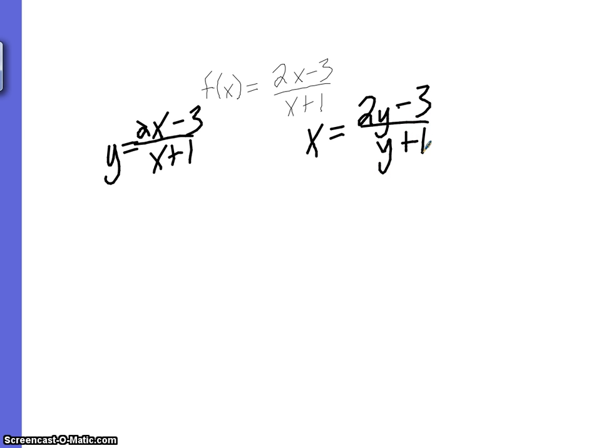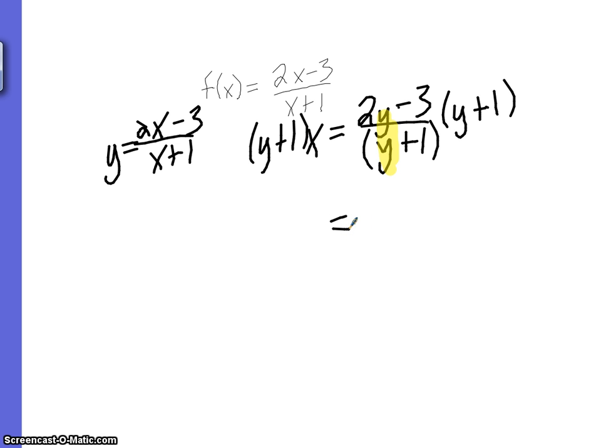This is no good because now we have these 2 y's that we have to get rid of. We somehow have to turn that into 1 y. And so we're going to have to do a little bit of factoring. So what we're going to do is we're going to start off by multiplying both sides by y plus 1. We cannot solve for a variable while it's in a denominator of an equation.